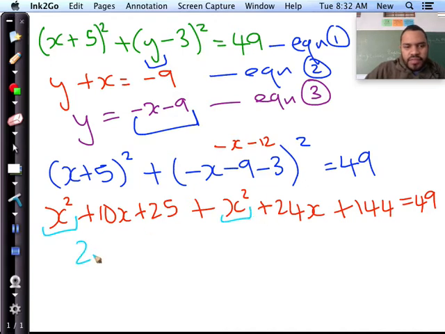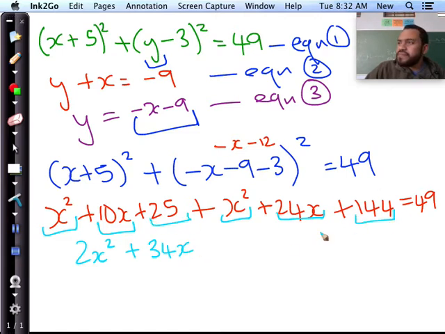That gives me 2x squared. 10x plus 24x gives me plus 34x. Then I've got 25 plus 144. What does that give me? 169. And you've got 49 there, which means you're left with 120. Very good. Is equal to 0.